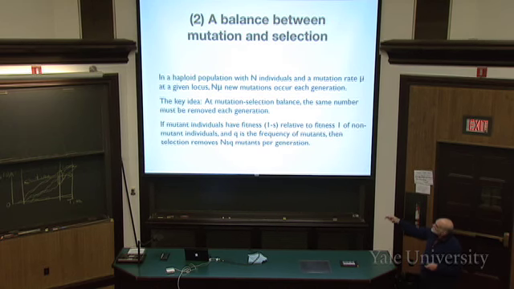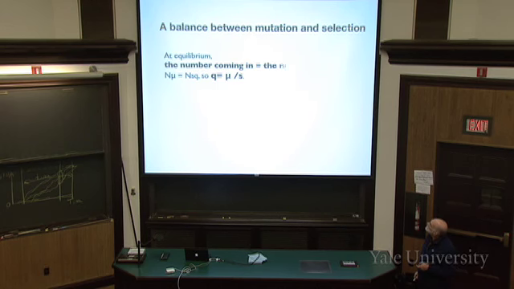And so if the mutant individuals have a lower fitness than the non-mutants, and if q is the frequency of the mutants, then selection is taking out nsq mutants per generation. And at equilibrium, with the number coming in equal to the number going out, that gives us an equilibrium frequency of the mutation rate divided by the selection coefficient.